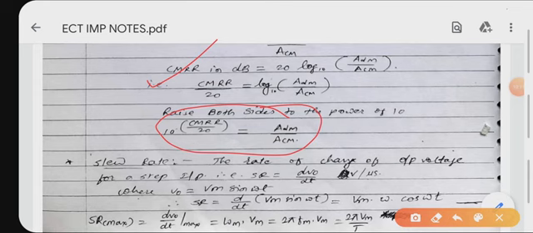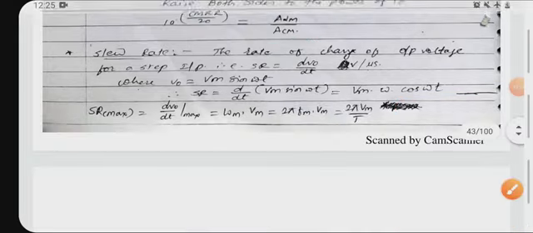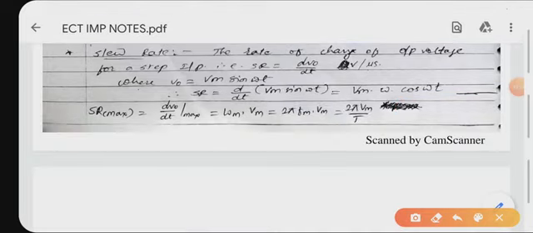Now slew rate is the rate of change of output voltage for a step input, or you can define it in other words like this: it is the rate of change of output voltage with respect to time. So the unit is volts per microsecond. It is also known to you. Further, it can be rearranged.